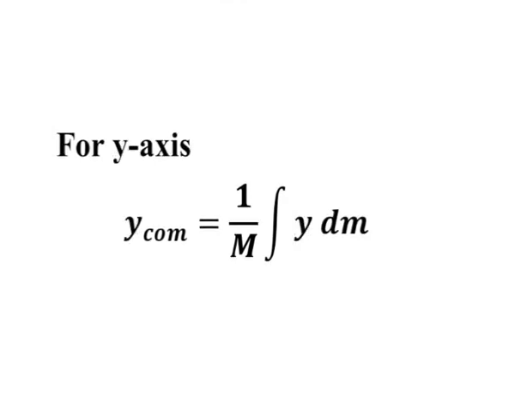For the y axis, y center of mass is equal to 1 upon M integral y dm, and for the z axis, z center of mass is equal to 1 upon M into integral z dm. Here M is now the mass of the object.